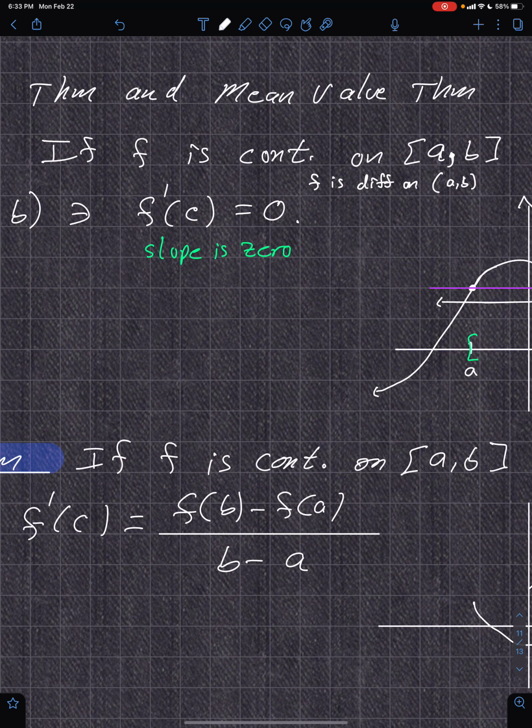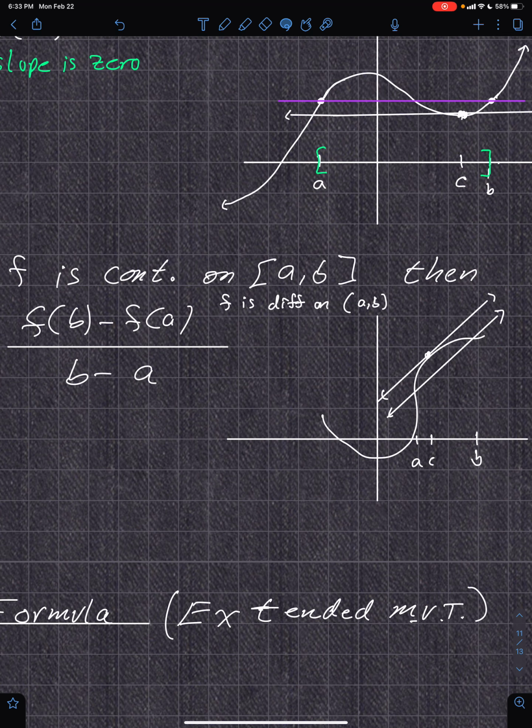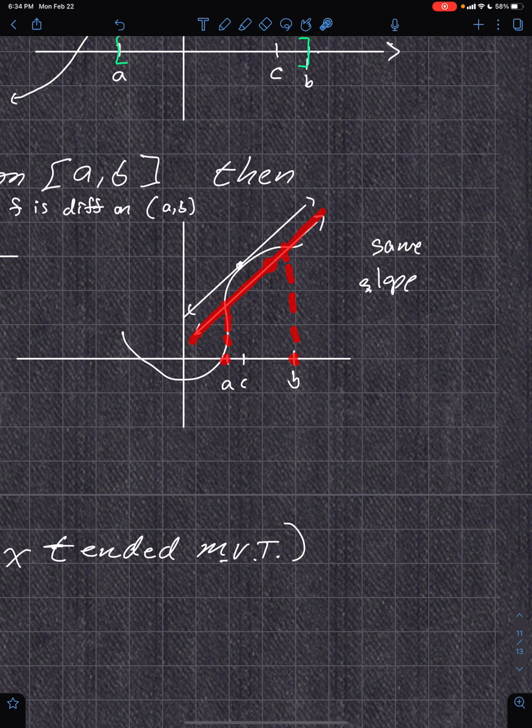So that same statement's true for the mean value theorem, because you have to have that derivative there. Then there exists a c on the open interval such that f prime of c is equal to, and this is basically the slope of the line through those endpoints. So here's your A, here's your B, and there's your line, right? So that's your secant line, and then there has to be a value c that gives you that same slope.